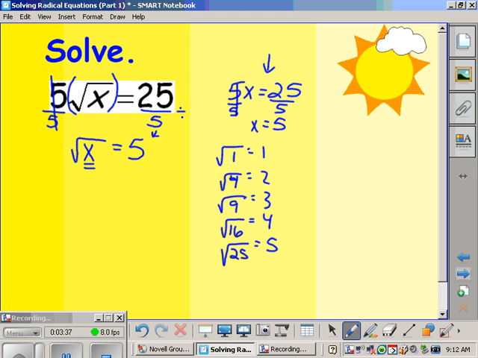If you look over to the right, you can see that the number you have to take the square root of to get 5 is 25. So x is 25. And again, the other way to do it is to square both sides, because squaring eliminates the square root symbol, so you only have what's left under the radical, and then 5 squared is 25.